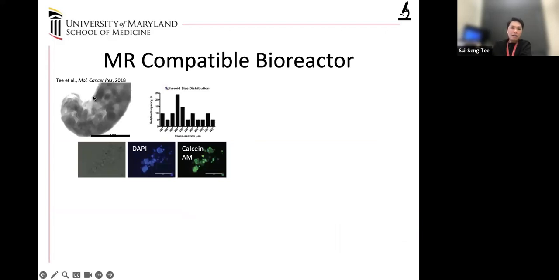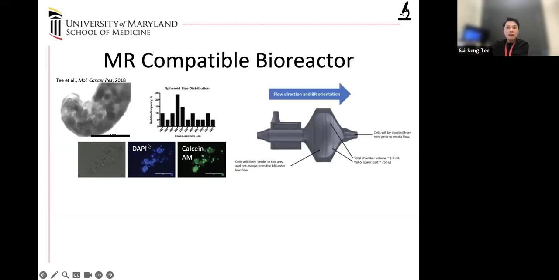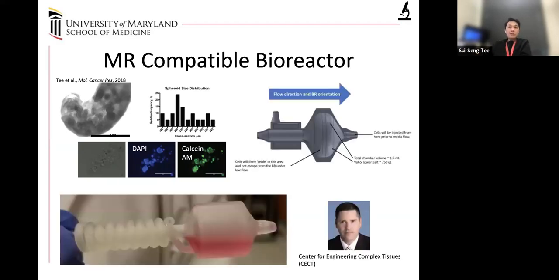These are individual spheroids of the cell cultures encapsulated in a 3D matrix, and we can stain them because, of course, hyperpolarized MR is completely non-destructive. You inject pyruvate in, and the cells are still completely fine. I've been working with some engineers to make a compatible bioreactor so we can fit this into the MR machine, and hopefully we can see metabolism there as well.